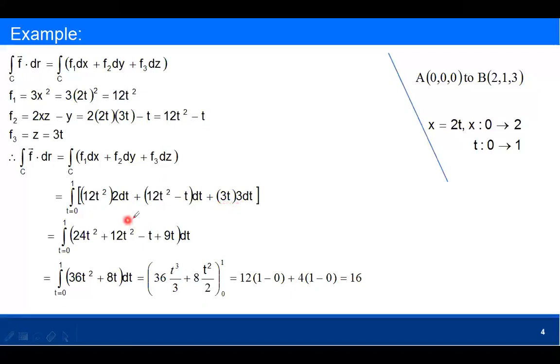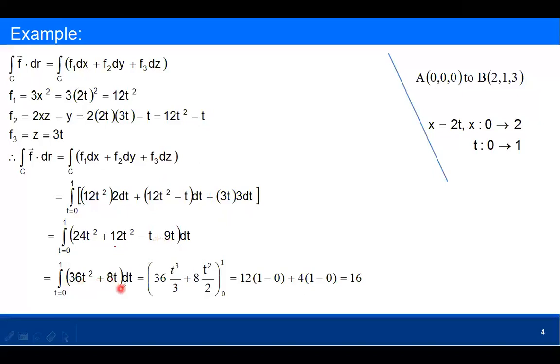Simplify this: 12 into 2 is 24t square, plus 12t square minus t, plus 3 into 3, 9t, dt. So 12t square plus 24t square is 36t square, plus 9t minus t, that is 8t.